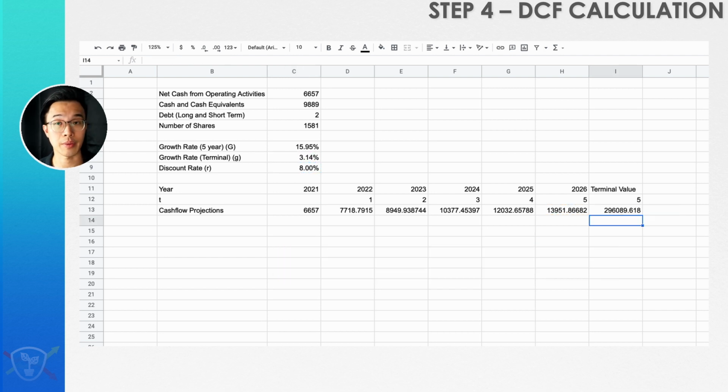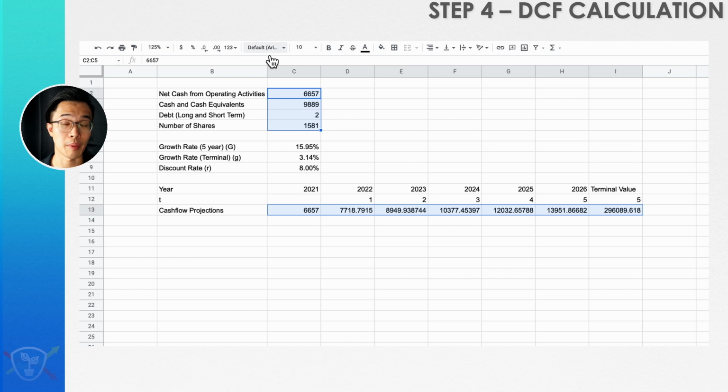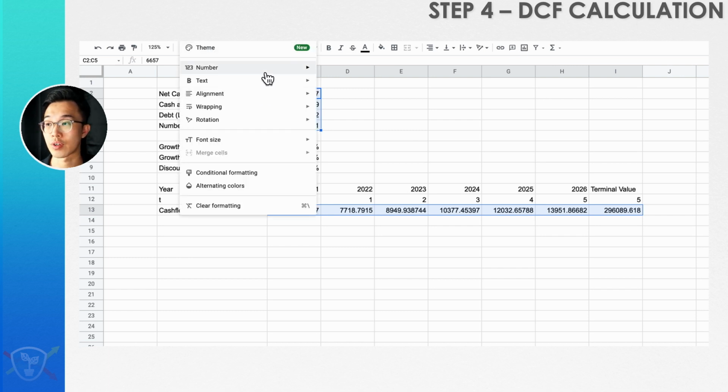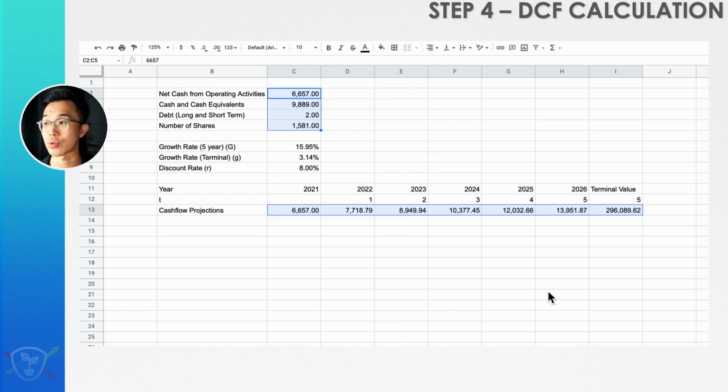So that gives us a terminal value of about 296 billion. To make this a little bit more presentable, I'm going to convert these numbers into 2 decimal places. So there we have it.